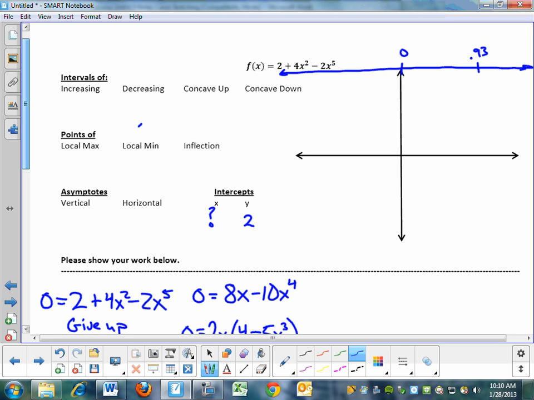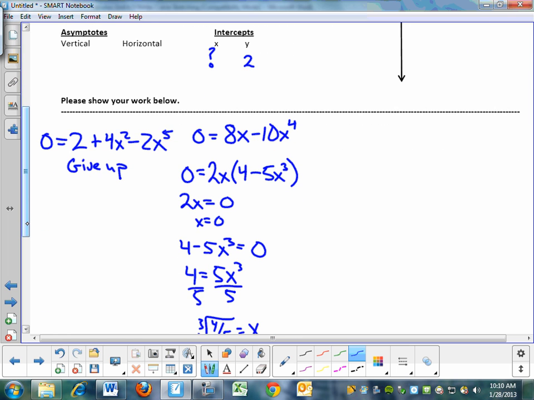Let's do the second derivative while we're at it right away. I'm going to take the second derivative and set it equal to 0. What is the derivative of 8x minus 10x to the fourth? Very good.